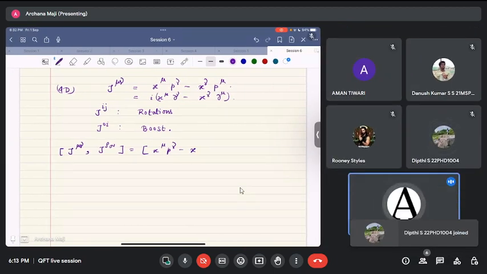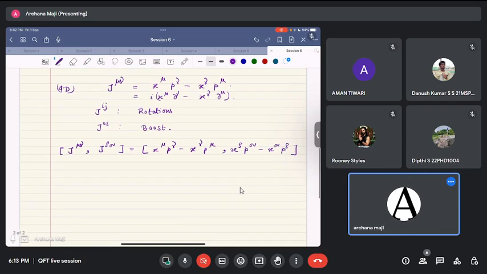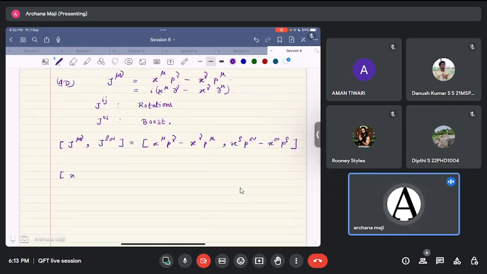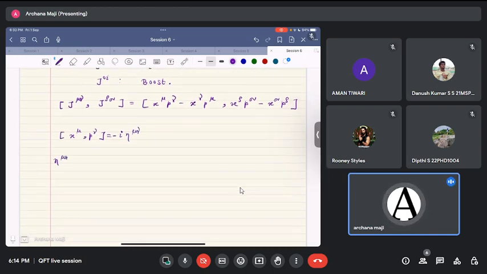So you have to use those, and then you can find out what is the form of this particular commutator. p sigma minus x sigma p rho. Okay. So the commutation relation between x and p will be minus i eta mu nu. There is a minus sign because remember our convention is, just a moment.